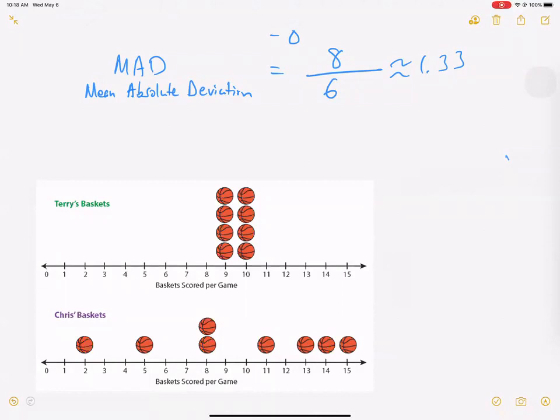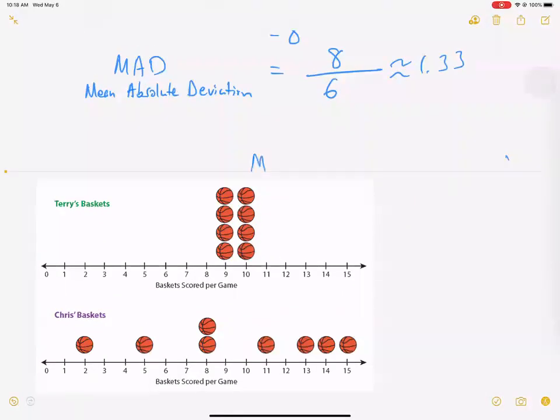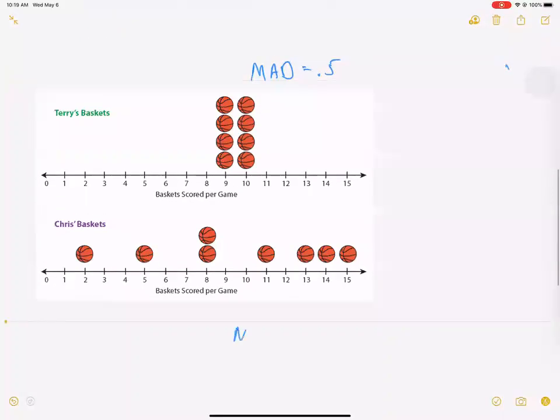So if we look here and if we do the math, we'll see that Terry's mean absolute deviation, his MAD score for Terry, is actually 0.5 only. If we do the math, it's 0.5. If we look at the MAD for Chris, it's actually 3.75.